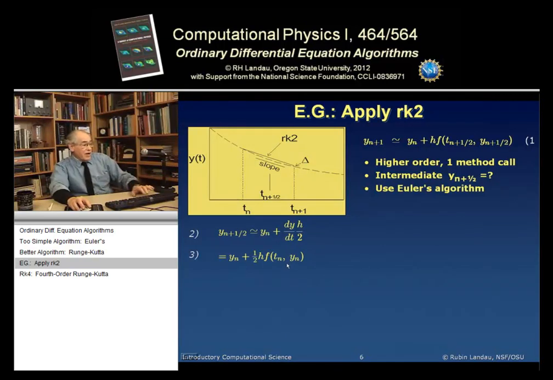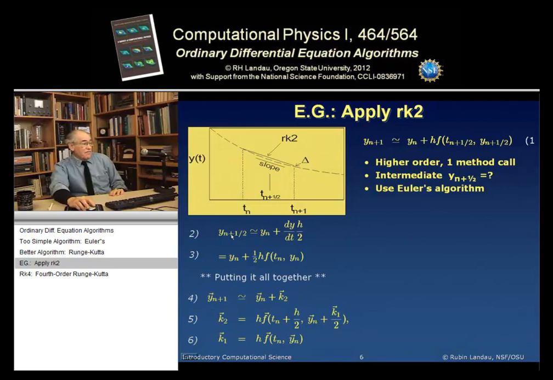And now we have to evaluate the derivative using the Euler's rule, so it's the initial values of the function. So that's just to give us the value of the function at the midpoint of the interval, which we need in order to determine the derivative at the midpoint. Once we have that, then we'll use Runge-Kutta. That's a lot of words for what is really pretty simple.